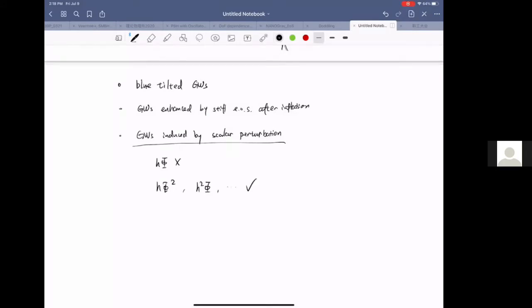And this can exist. So from this kind of coupling, you may imagine your equation of the tensor perturbation, let's forget about the H_ij here, just H prime prime, can also be sourced by the scalar.